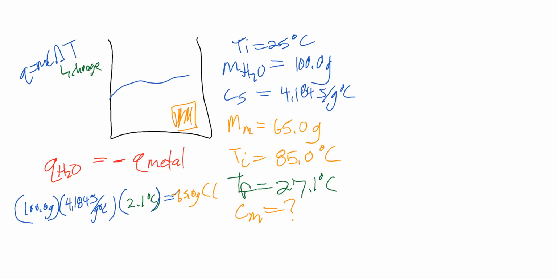I'm going to put a negative sign in front of here, since we should have the negative of that Q. So 27.1 minus 85 becomes negative 57.9. Very good. That being degrees Celsius. So I'm going to go ahead and erase this so we have a little bit more space. I'll put that over here.